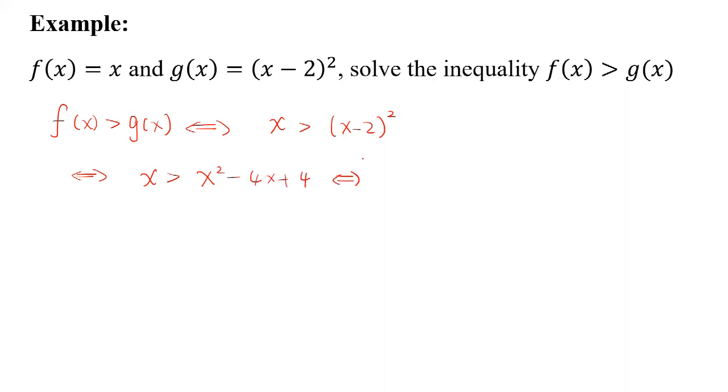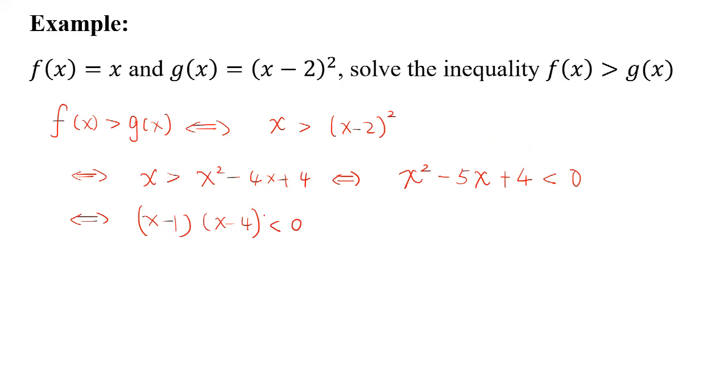Which is equivalent to x squared minus 5x plus 4 less than 0, which is equivalent to (x minus 1) times (x minus 4) less than 0, right?